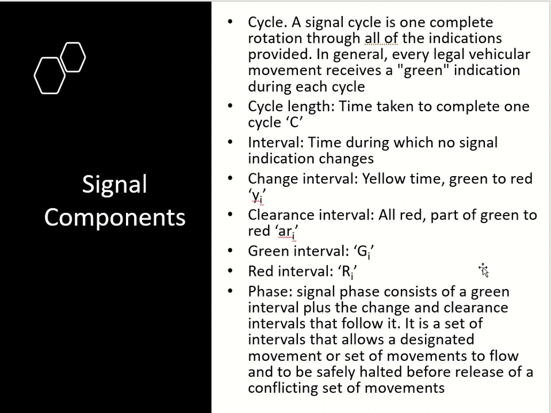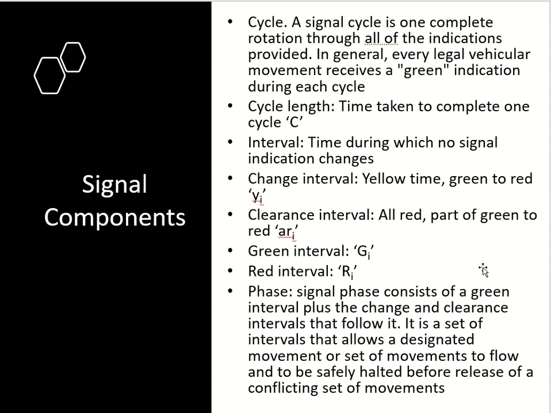Till it remains red, it is one interval. From red it will go to green or yellow, whatever. That is the end of red and the beginning of the next one. If it becomes yellow, it is the beginning of the yellow. Until it remains yellow, this is the yellow interval. Got it?